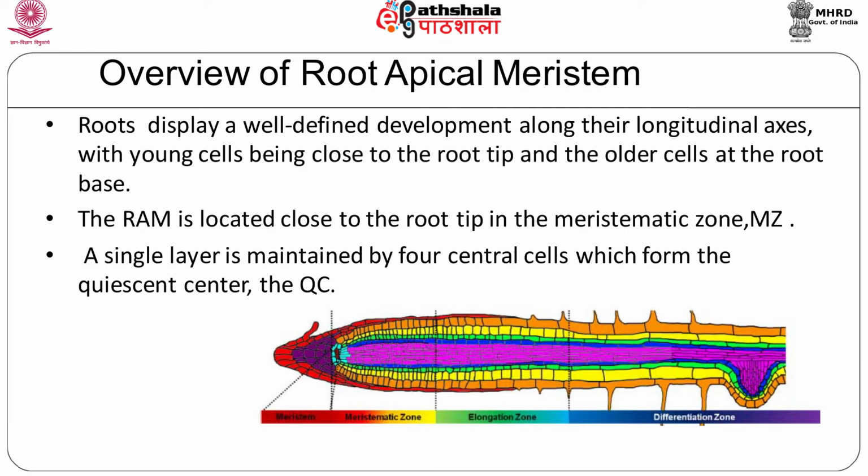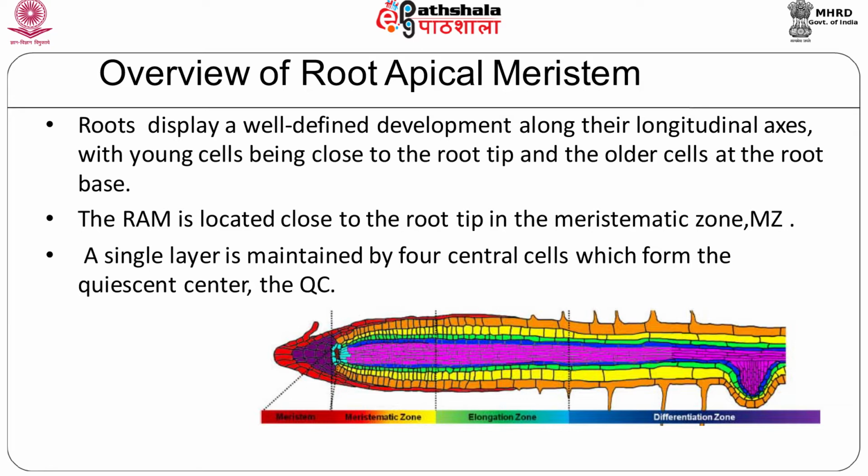Roots also display a well-defined developmental gradient along their longitudinal axis, with young cells being close to the root tip and the older cells at the root base. The root apical meristem is located close to the root tip in the meristematic zone of the roots.